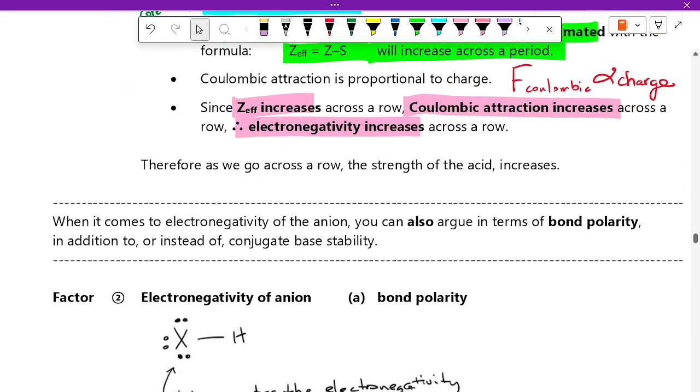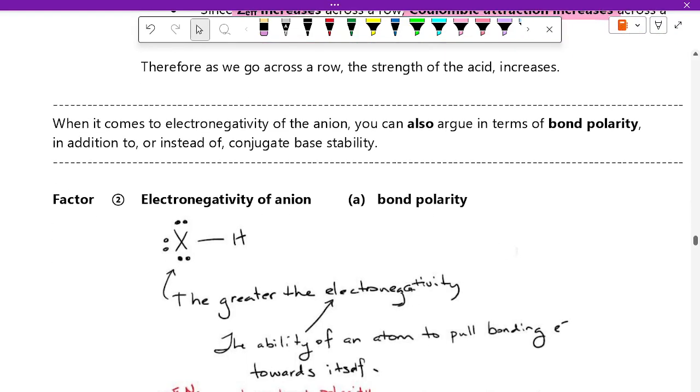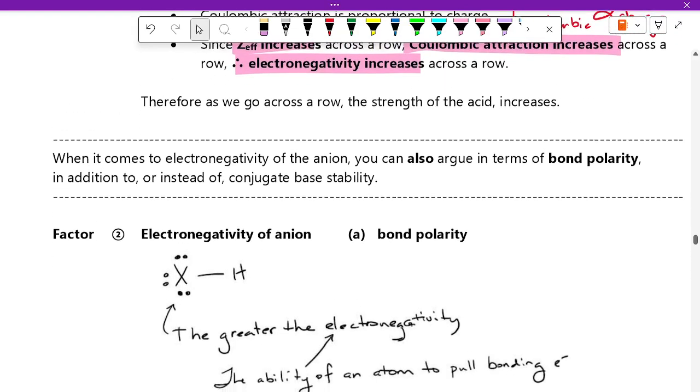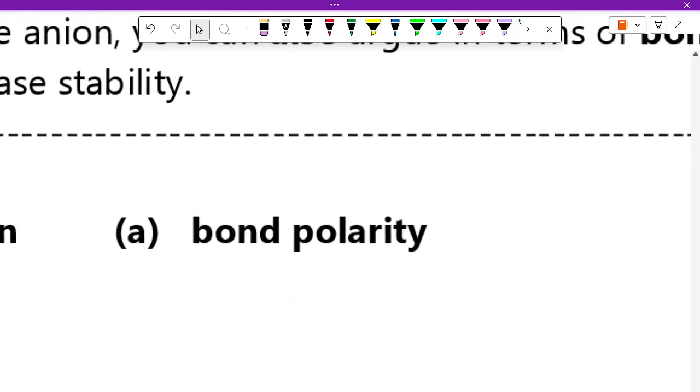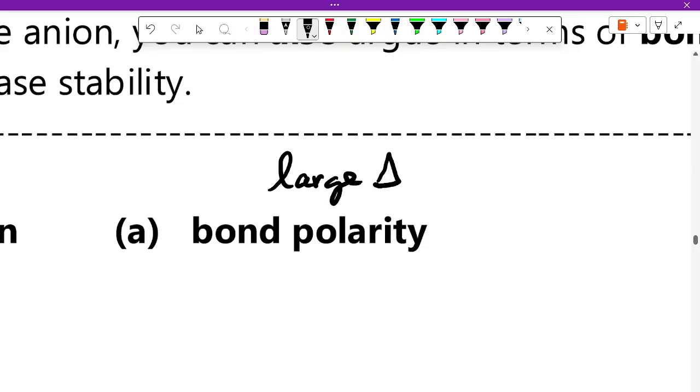When it comes to electronegativity, you can also argue in terms of bond polarity. What is bond polarity? If you have a large difference in electronegativity, the bond will be more polar.